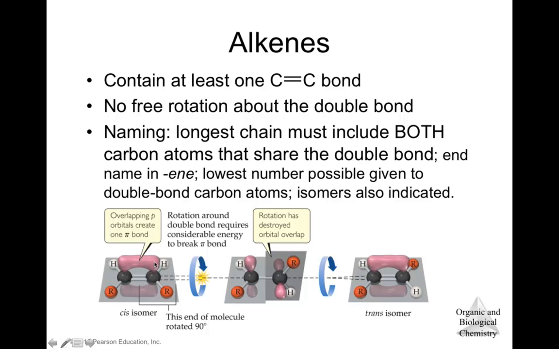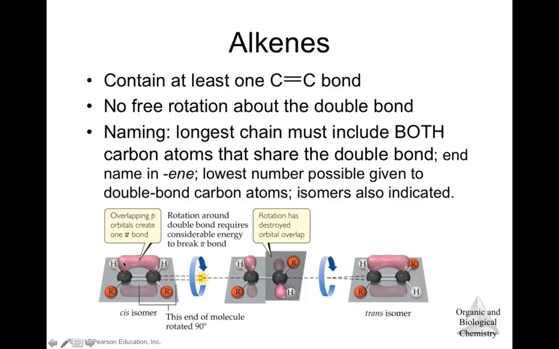This is the double bond here, and these 2 hydrogens are on the far side of the screen. They are on the same side, so this isomer is called the cis isomer. And if the hydrogens are opposing each other, on different atoms, this is called a trans isomer.